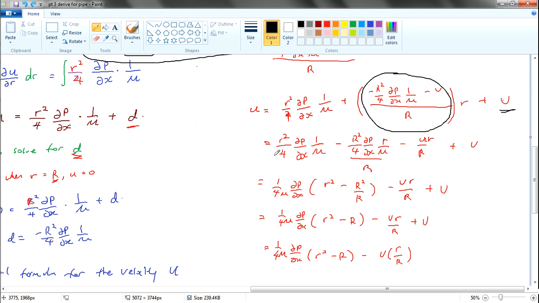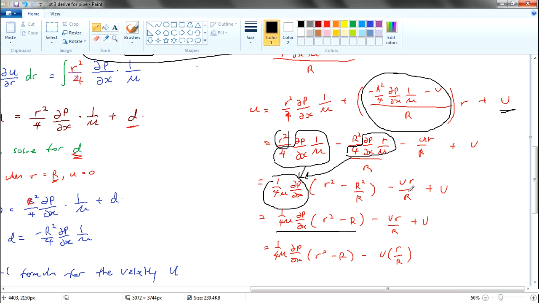I just factorize out this portion over here and this portion over here. So when I factorize out, I have this thing. So this is r squared minus R squared over R. And then I can cancel away, I have r squared minus R over here.